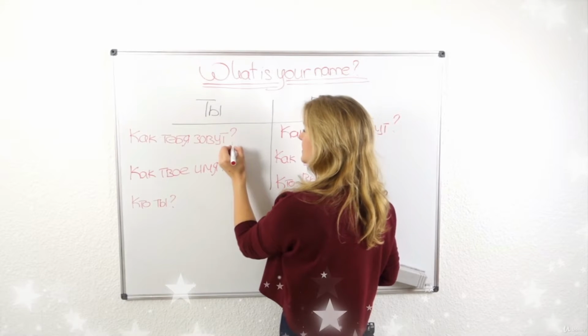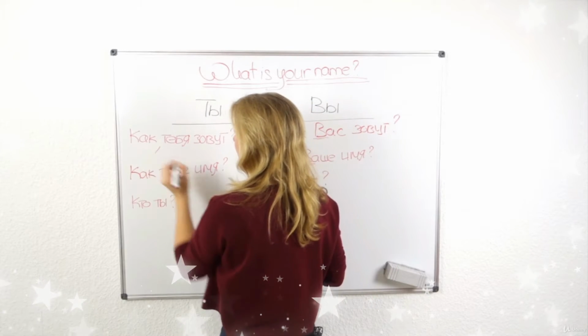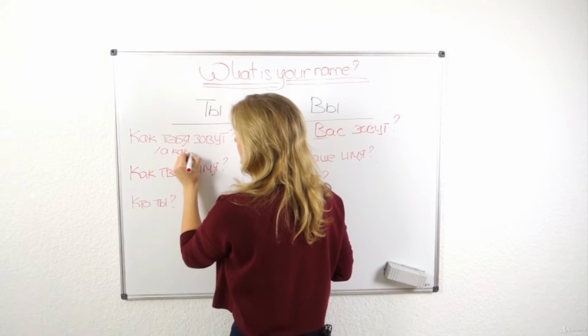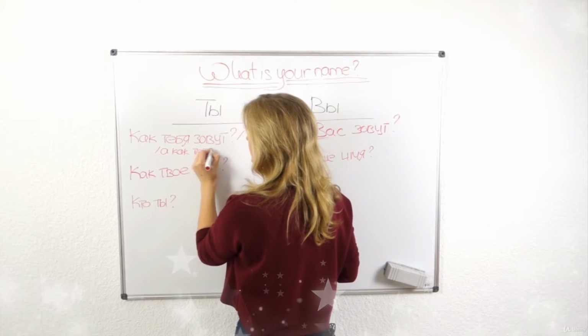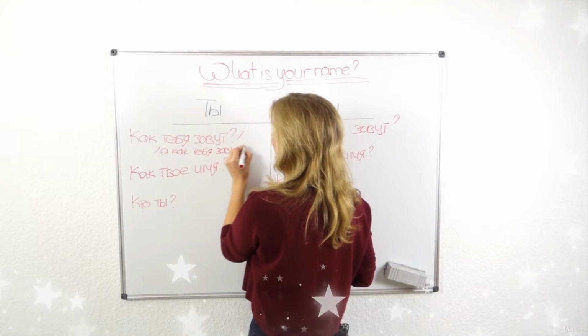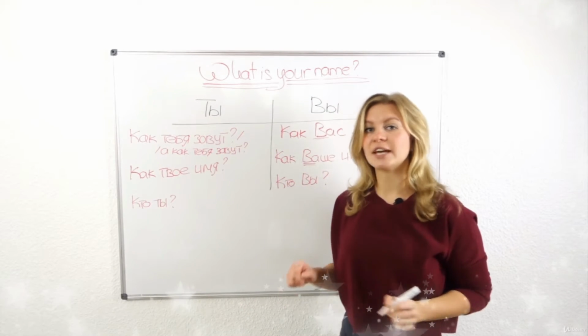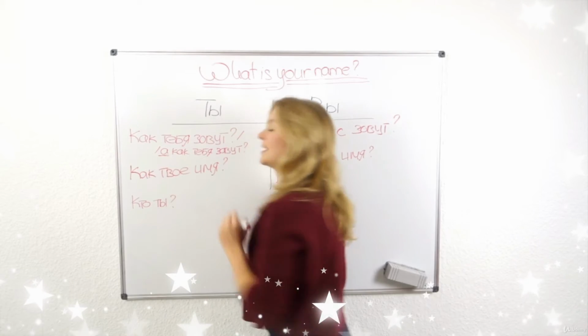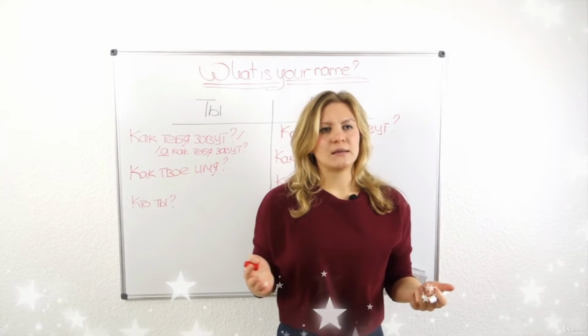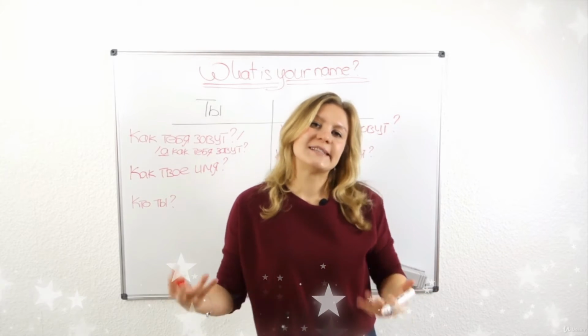You can ask then, а как тебя зовут? So basically using exactly the same phrase, just putting а at the beginning. It's kind of the connection, like, and what is your name?